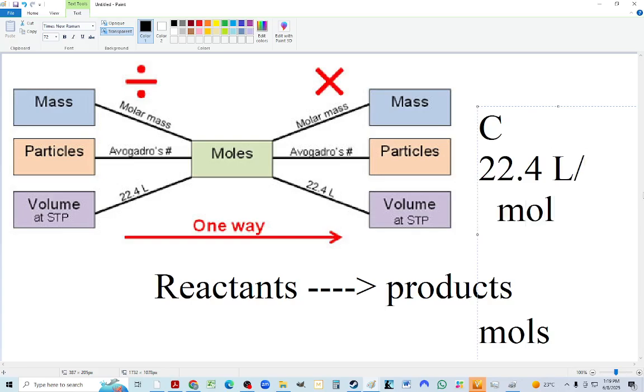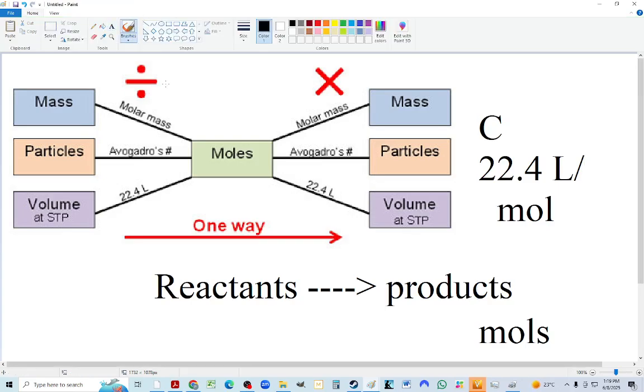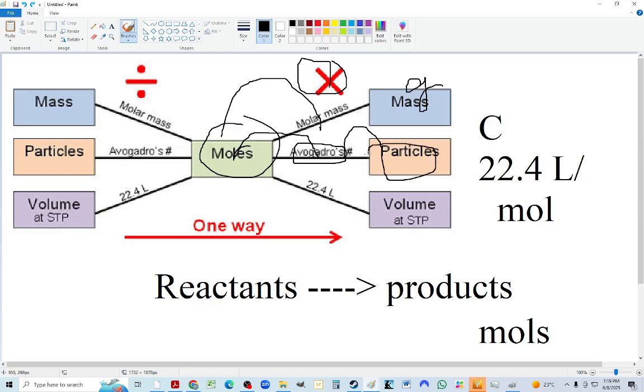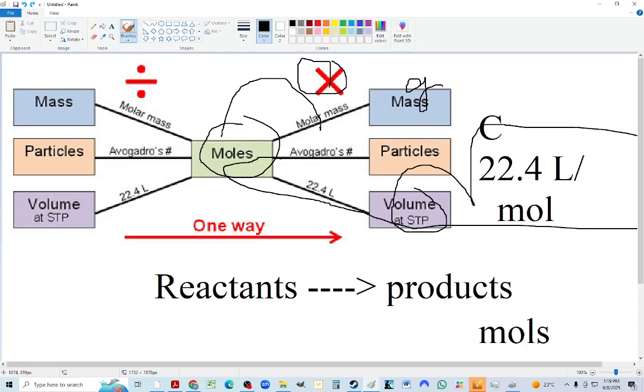Once you convert to moles, you can figure out how much product is created in terms of moles. But you might have to use its molecular mass to figure out how much mass. They might ask you how many grams is produced, in which case you again take your moles and multiply by molecular mass. That's why they have the multiplication, to get your mass. Or you might have to multiply by Avogadro's constant to get how many particles, or multiply by this constant to determine how much volume.